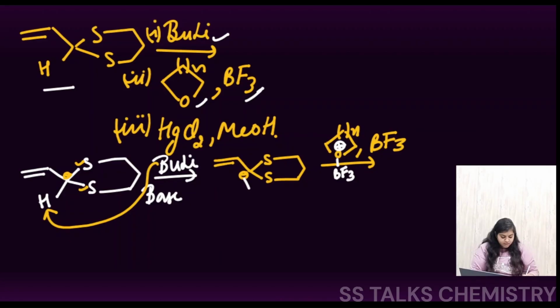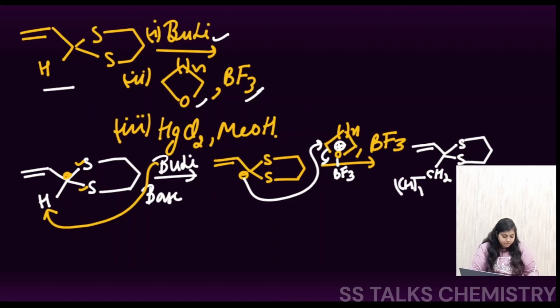Now this negatively charged species will attack this particular ring, and the ring will be opened from here, giving us this species. Here the two sulfurs are present, and this CH2 carbon with the next CH, having n number of carbon atoms, CH2 and the OH. After the workup I am writing this. So this thing is formed.